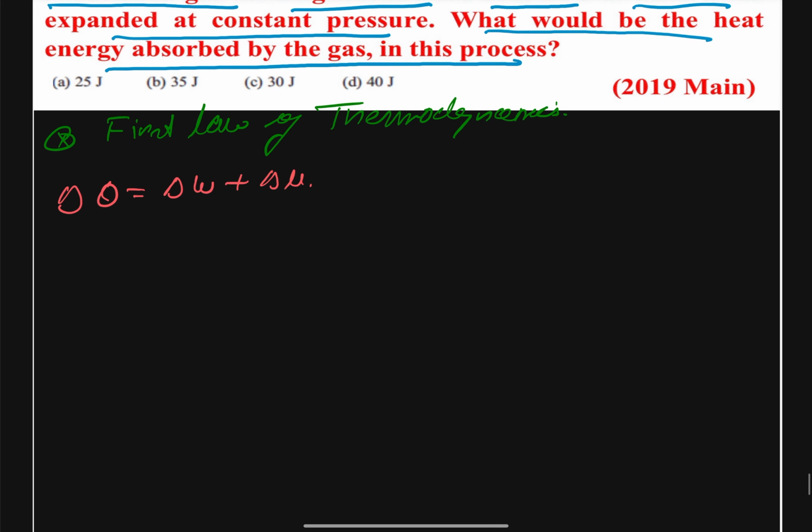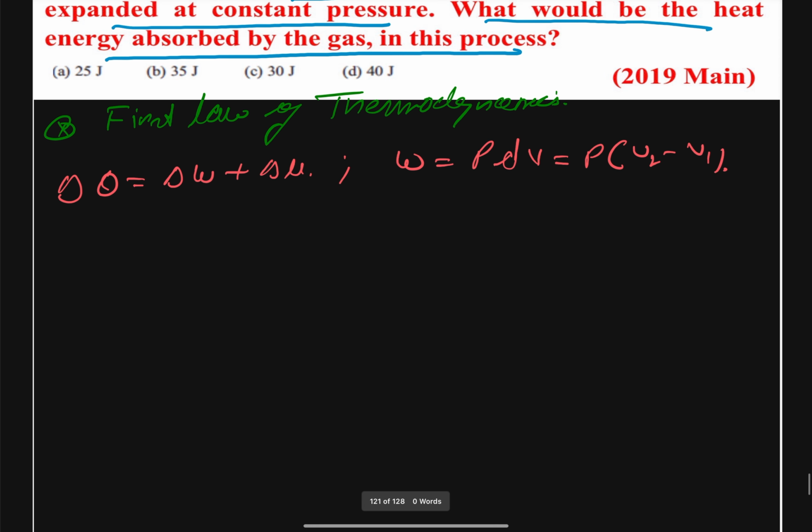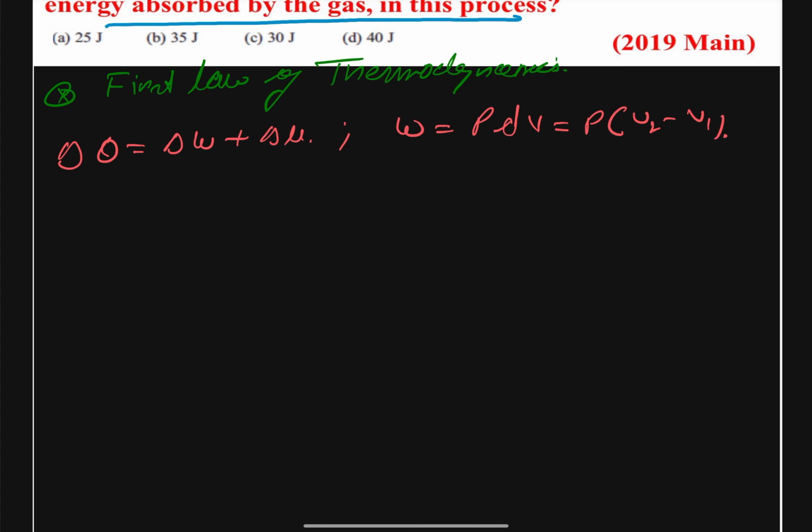So we are given that work done. We can say that our W is equal to our PdV, or we can say P times V2 minus V1, and we can write that our delta W is equal to P V2 minus P V1, and in terms of our ideal gas equation, we know that our PV is equal to nRT.